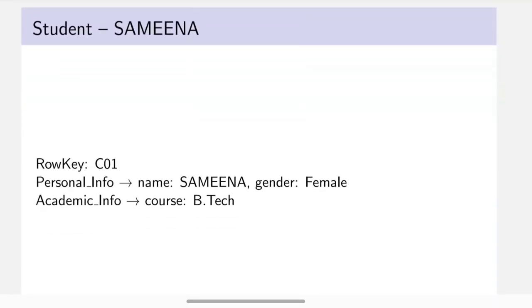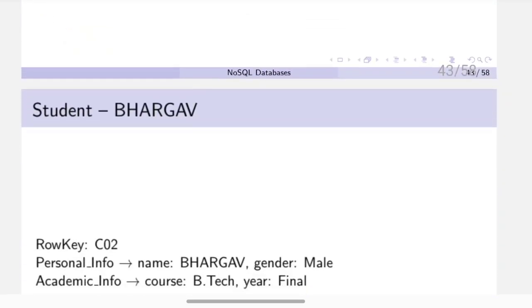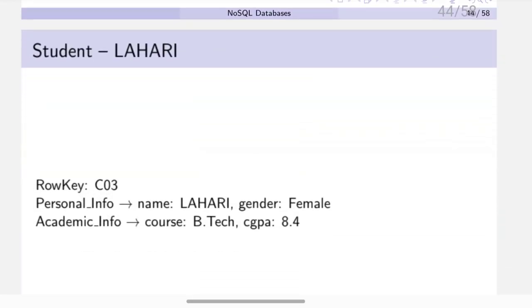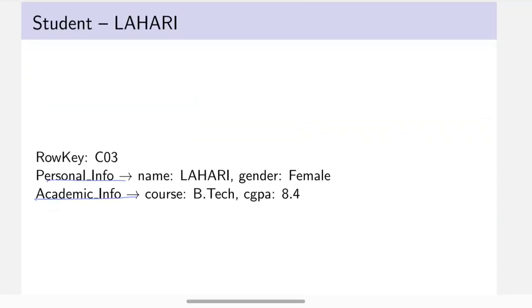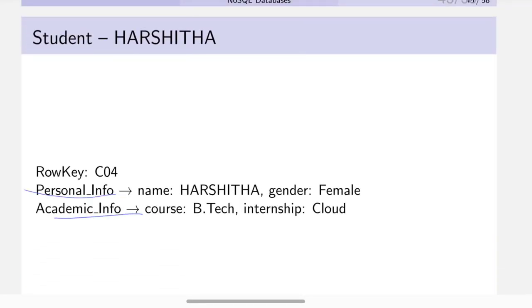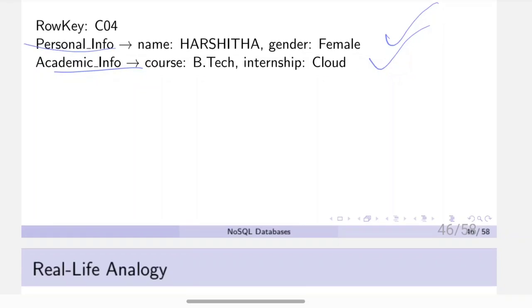If you look here, Samina, the personal info goes to one column, whereas academic info goes to another column. And again for Bhargav, personal info and academic info. If I enter this row key, I'll get all those details. For Arshida also the same thing. So different students can have different numbers of columns. That is what you need to remember. It is not fixed.